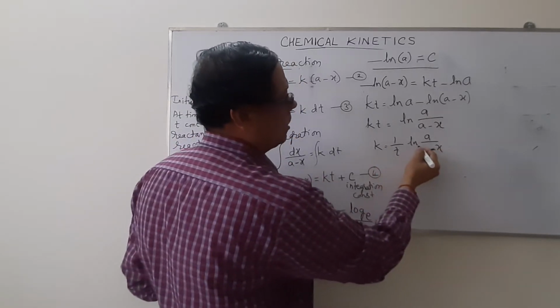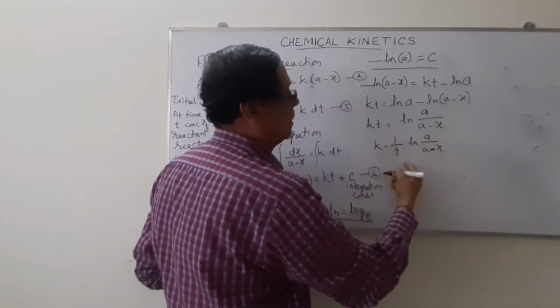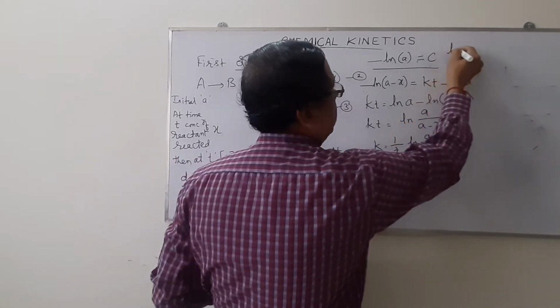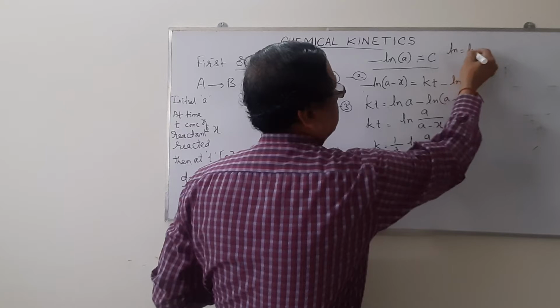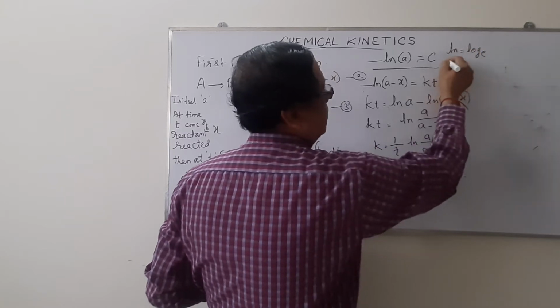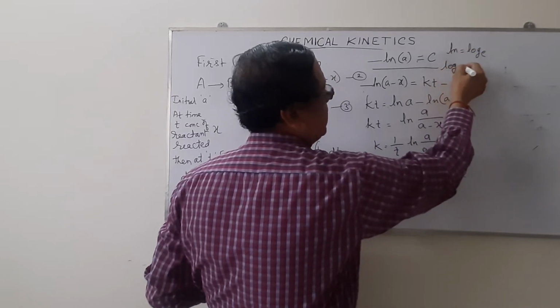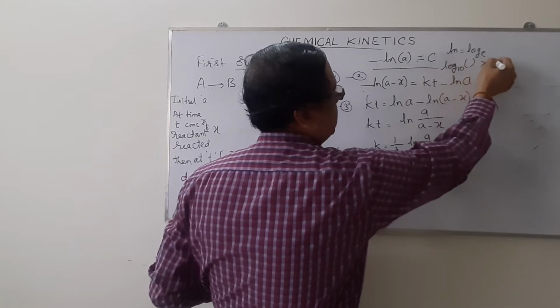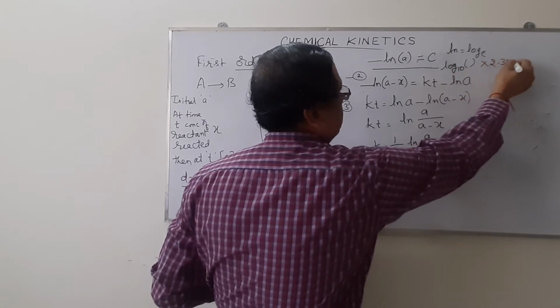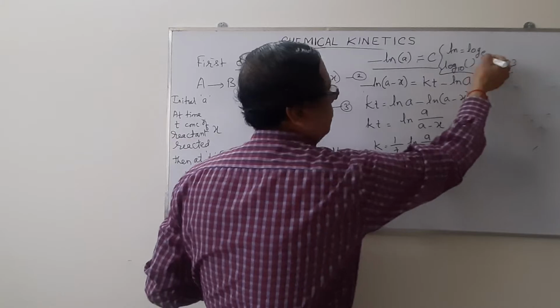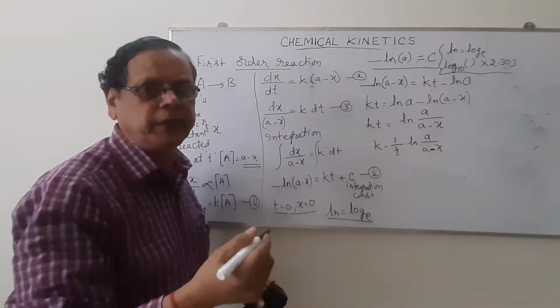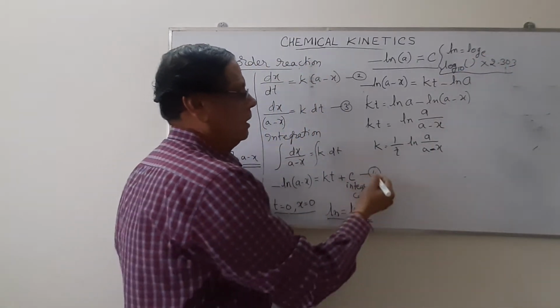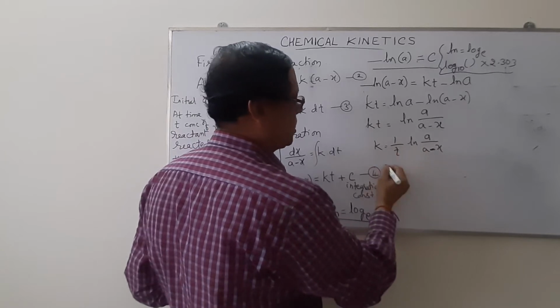Then convert this to logarithm to the base 10. We have ln, logarithm to the base e, as I told you. When you convert this to logarithm to the base 10, you have to multiply with 2.303. This conversion factor you know from the logarithm table. So I am converting this to logarithm to the base 10.